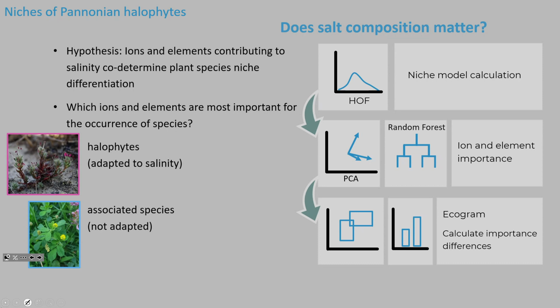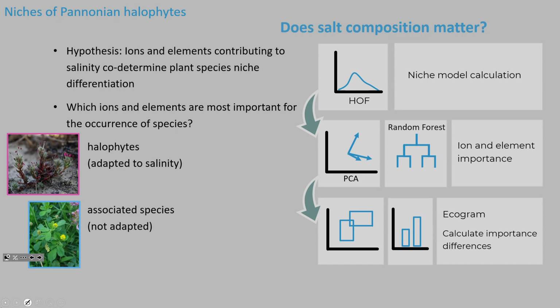And we did that by using random forest models. We took the information that we got from the random forest and from the PCA, so the results that told us which of the variables are most important, together with the niche information, and plotted echograms for single species using the 6 most important variables.